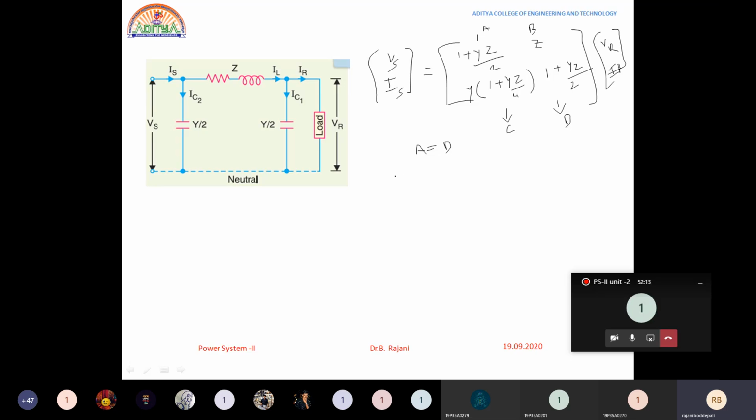Another thing we can check is that AD minus BC should be equal to 1.